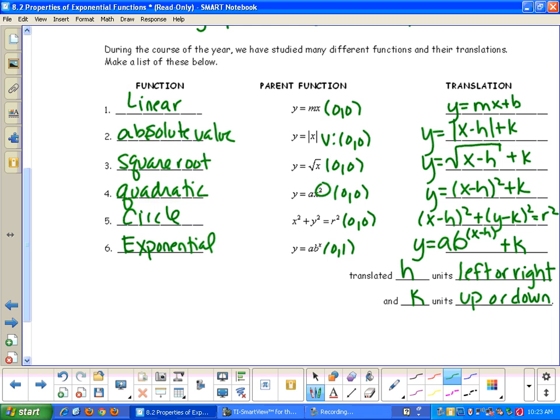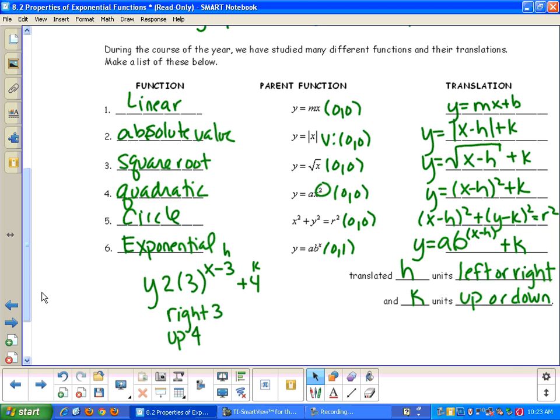And so just to look really quickly, if I had y equals 2 times 3 to the x minus 3 plus 4, now from my parent graph, we've moved it to the right 3 and up 4 units, because this is my h and this is my k.